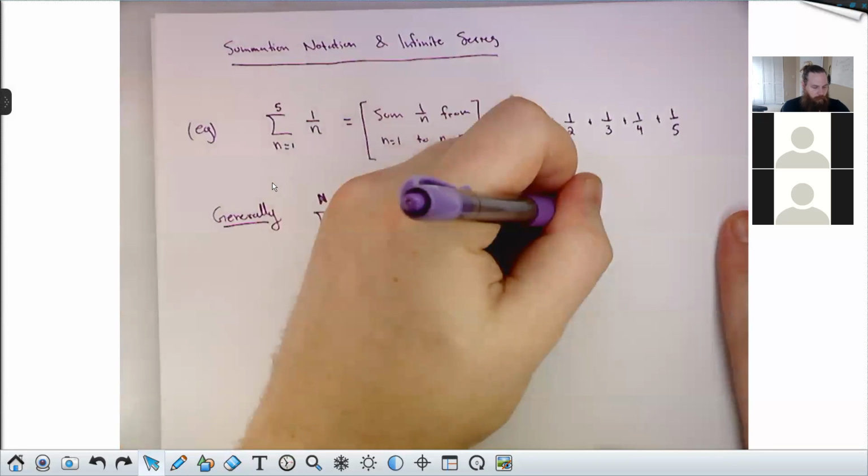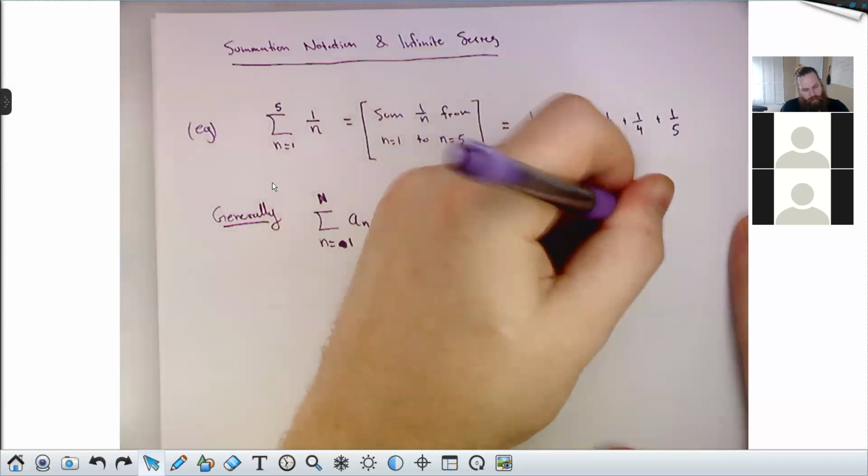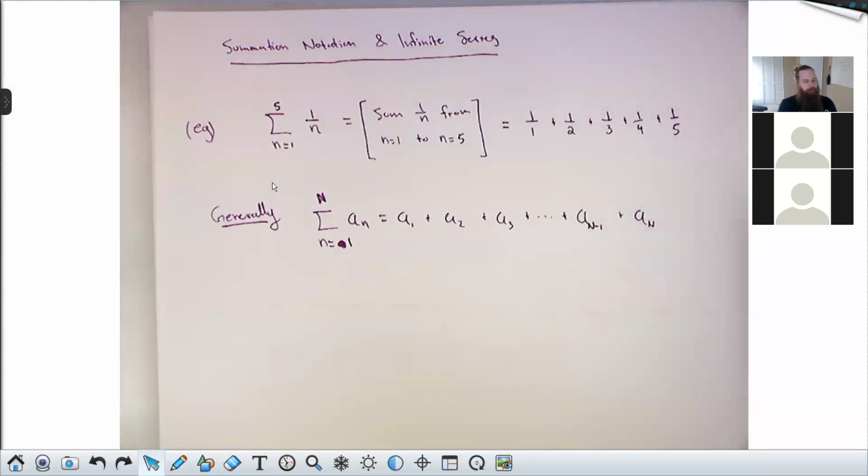The second to last term would be a sub capital N minus 1, and the last term is a sub capital N. So what this notation says is take this thing, a_n, whatever is here, and add it up as n goes from whatever is down here to whatever is up here. It's just a shorthand for a big addition problem.